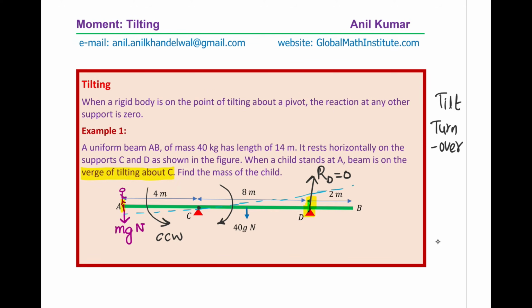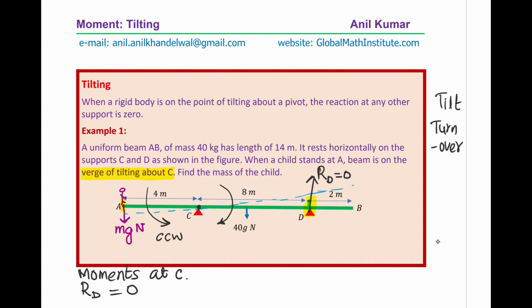So these should be exactly the same at C. So to solve such questions, we have to check moments at C. Correct? And while doing so, we'll say that the reaction at D is 0 since it is on the verge of tilting. So that is the basic concept.